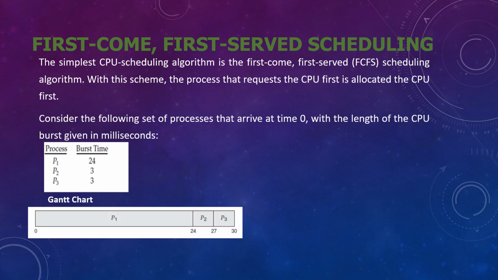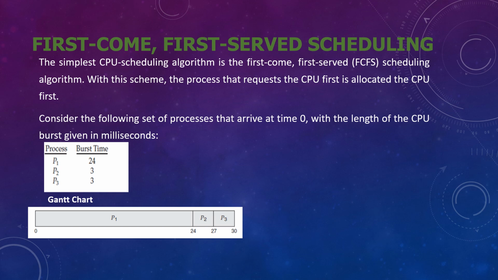So first of all, you have to draw a Gantt chart so that you will be able to find out the waiting time and turnaround time of these processes easily. So this is how you can draw a Gantt chart. At time equal to 0, process P1 enters into the CPU first, and the burst time given for process P1 is 24.